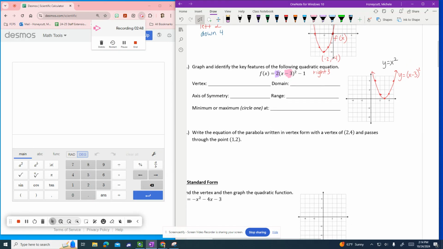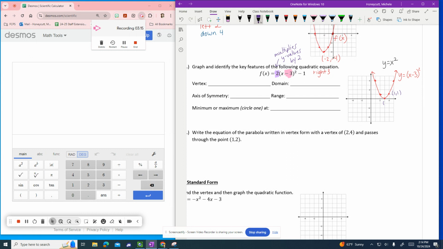So now we're going to take care of the 2 in front. I'm doing the 2 next because 2 is being multiplied by the parentheses, so I would multiply with order of operations before I subtract. What the 2 does is it multiplies the y values by 2. So if I look at all of these points, this one has a point of 1, 1.